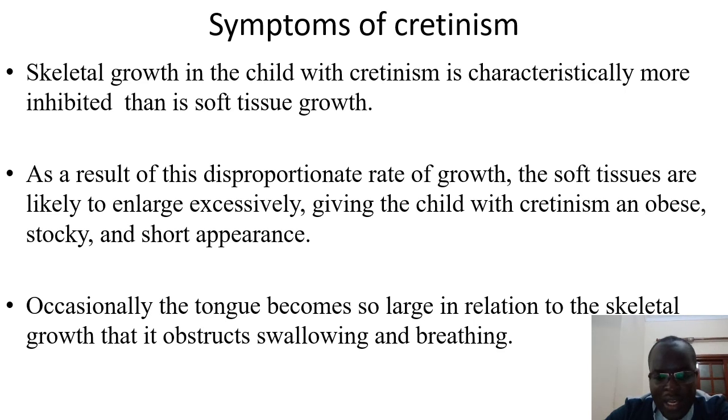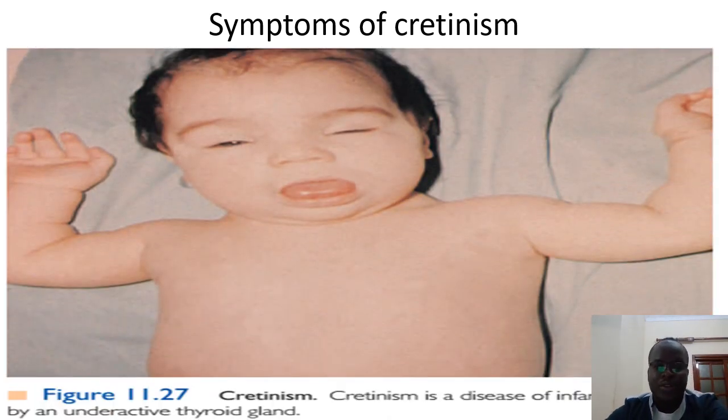Occasionally, the tongue becomes so large, because it's a soft tissue, so it will enlarge. It becomes so large in relation to the skeletal development of the cranium that it will obstruct swallowing and breathing. So you can't swallow properly, you can't breathe properly, because the tongue is so big and is obstructing those pathways for the food and for the air in the respiratory system.